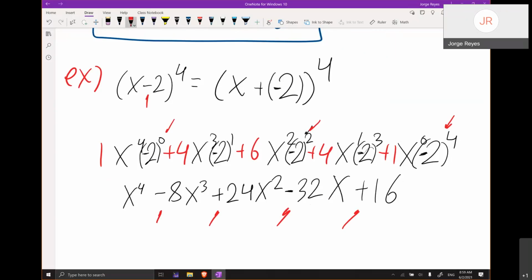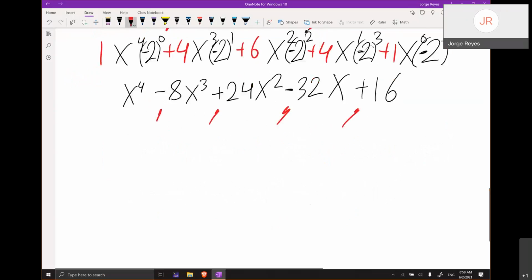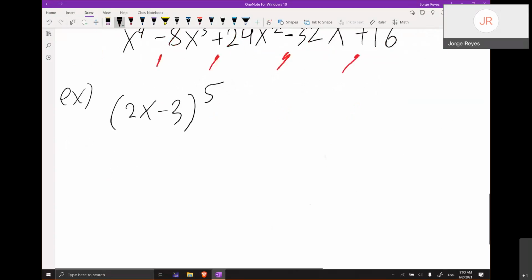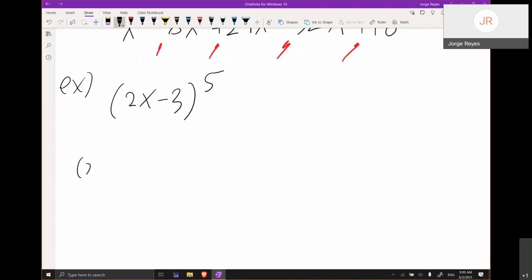All right, and then, honestly, this is it. This is pretty much the whole chapter. I just need to show you this one thing. Okay, so here's a hard example. Find this, expand this. Okay, so 2x to the 5th plus, I'm gonna just put the Pascal's numbers right away, and do it a little bit differently.